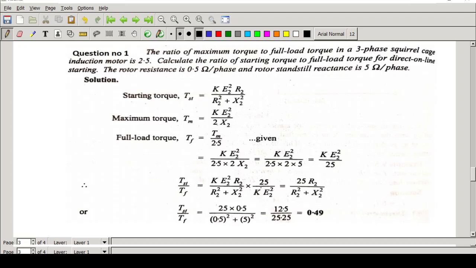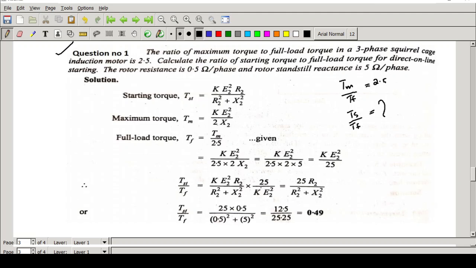Now the question is the ratio of maximum torque to full load torque, that means Tm by Tf, is given, that is the ratio of maximum torque to full load torque in a three-phase squirrel cage induction motor is given by 2.5. Okay, now the question is calculate the ratio of starting torque to full load torque for a direct online starting. Direct online starting, this is what you have to find.